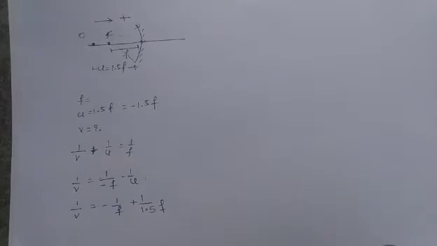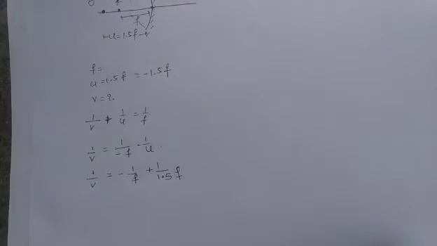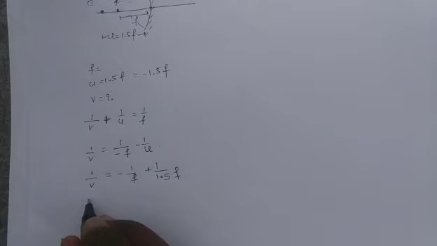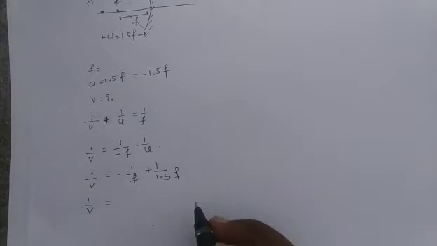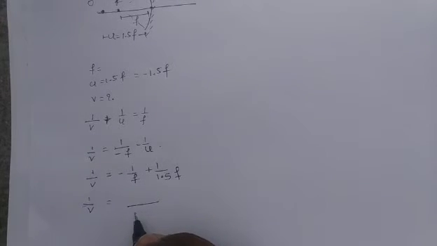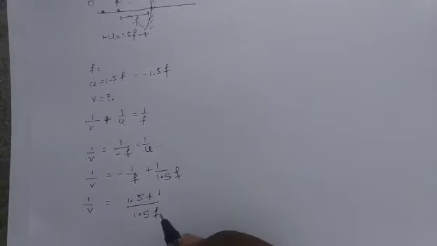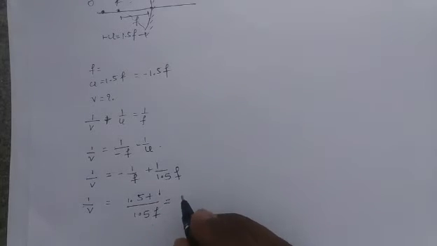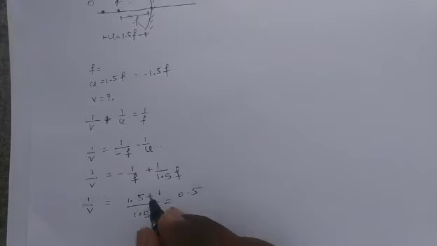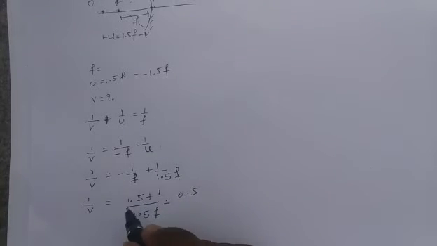So 1 by v is equal to, first we take the LCM, 1.5 f. So 1.5 f into 1 is already f, it means minus 1.5 plus 1 is equal to 0.5, which we consider negative in order.